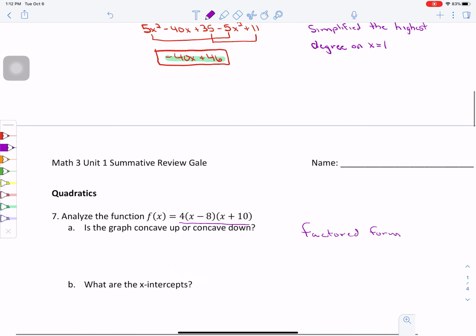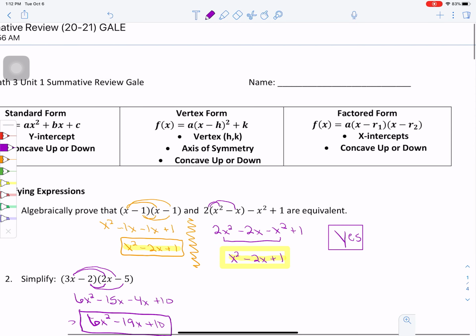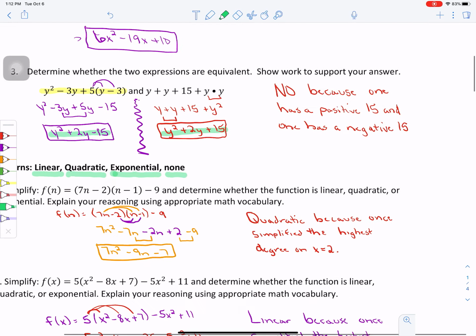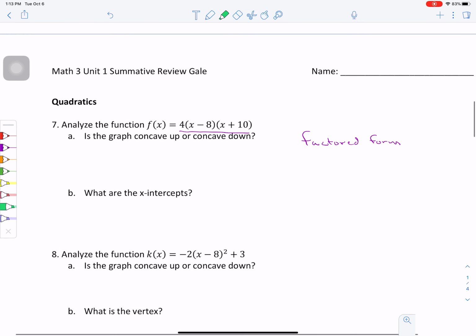At the top of your review guide, we put there that factored form provides us with the x-intercepts and your concave up and down. So to find our concave up or down, we're going to look at this first number. When this first number is positive, it's going to be concave up.